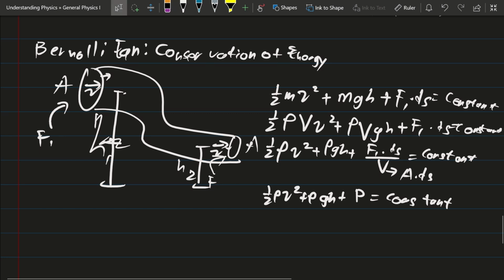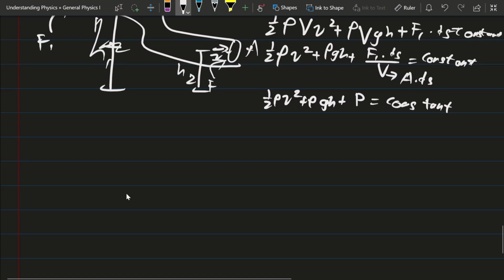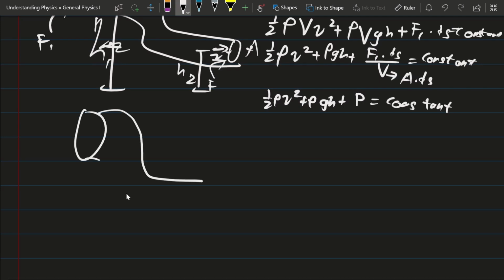So let's actually think of this. One of the problems was something like this: you could see that there's this big area and there's this small area, and I would just put some form of a barometer right over there. So if you deal with something like this, here is something for you to realize.